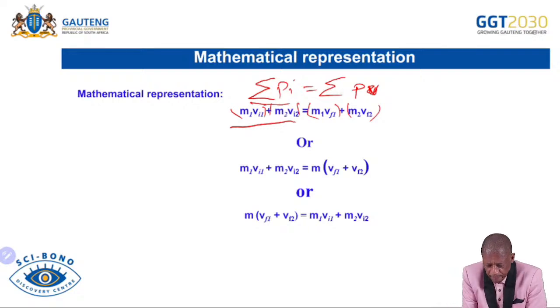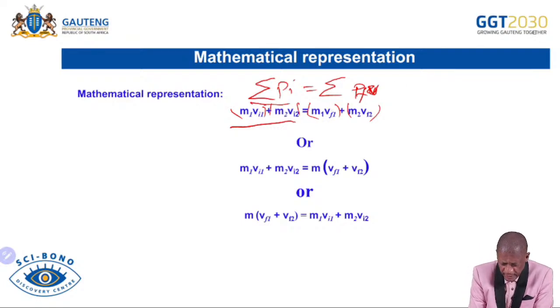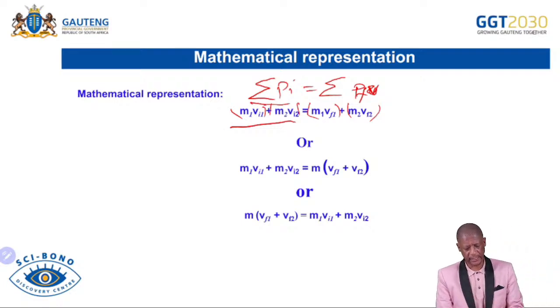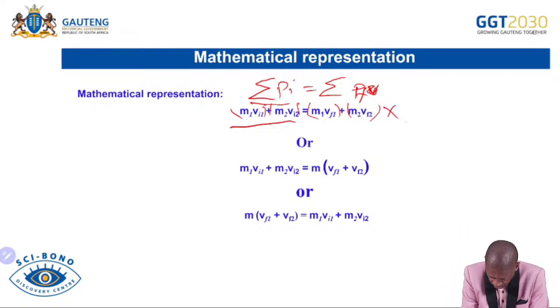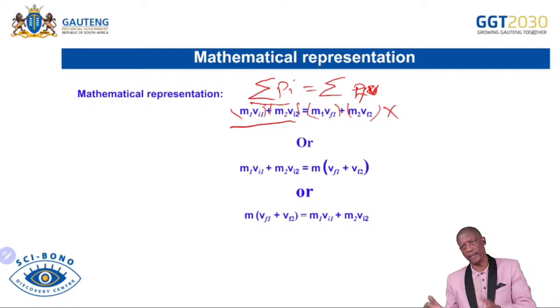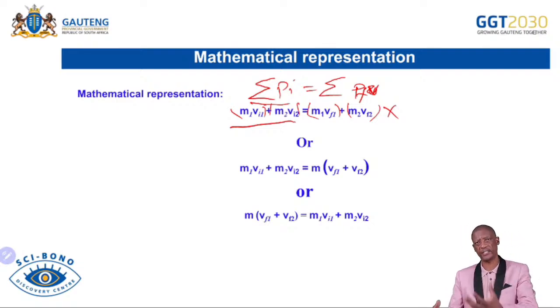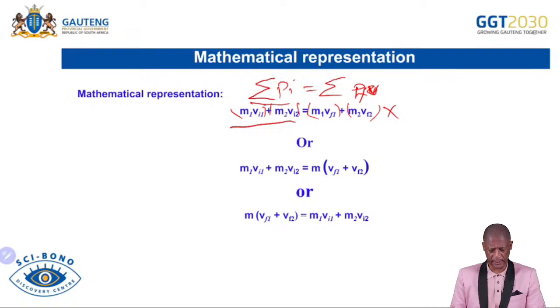So the sum of Pi is equal to the sum of Pf, because this is going to be final. So this side is final, this side is before. You must understand that. So we are going to use this mathematical formula to help us calculate. It can be a mass, the final velocity or the initial velocity. It depends on the question that has been asked.